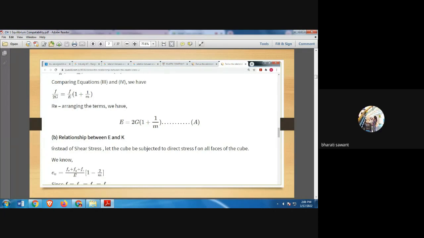So E is equal to 2G into bracket 1 plus mu.